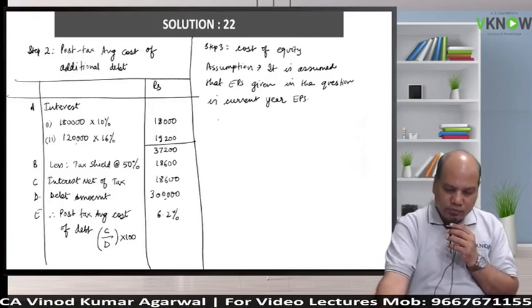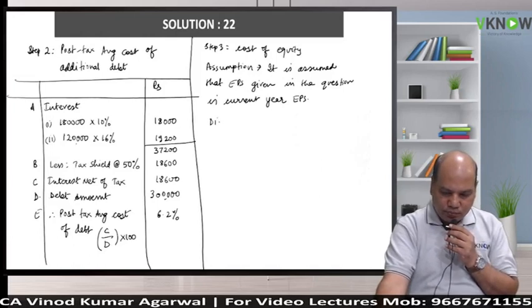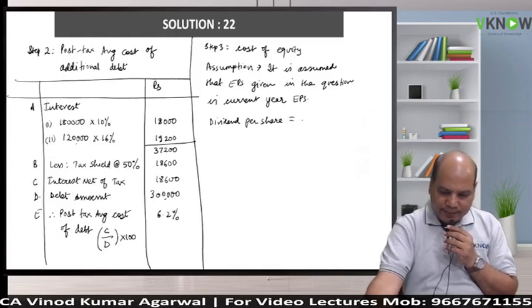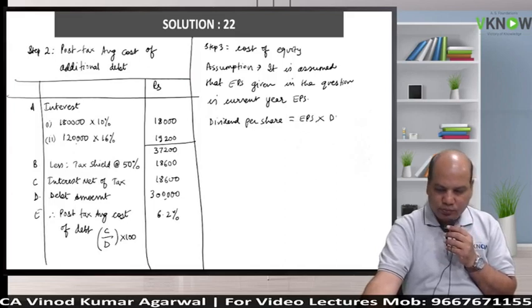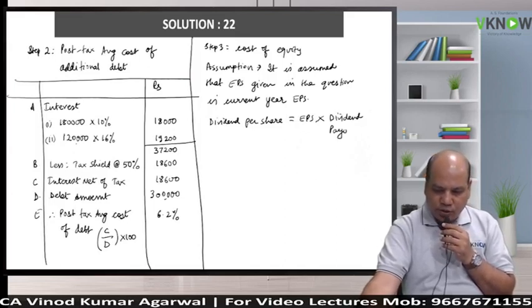Then write down dividend per share equal to EPS into dividend payout ratio.